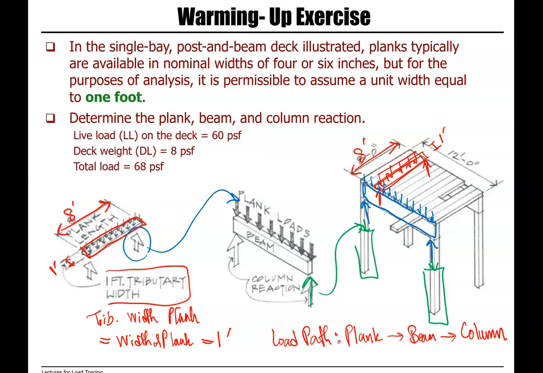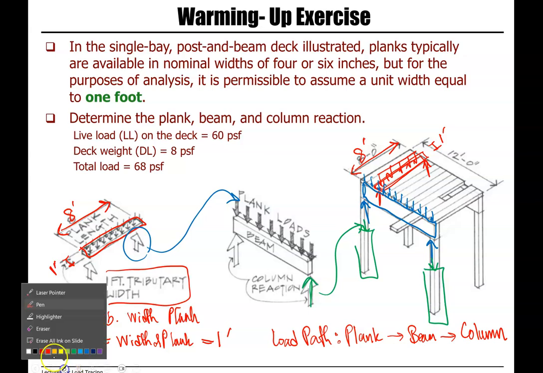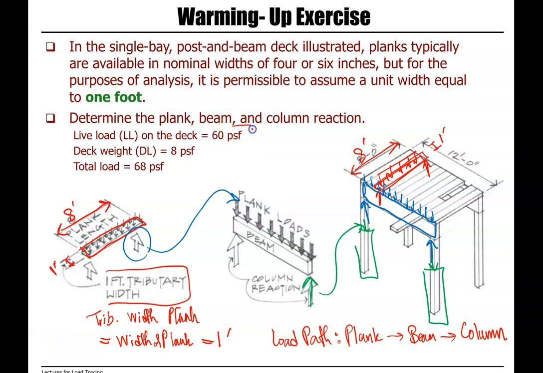What is the area load? We have the total dead load and live load applied to this deck is 68. So that's the total dead load and live load, pound per square foot, or PSF.